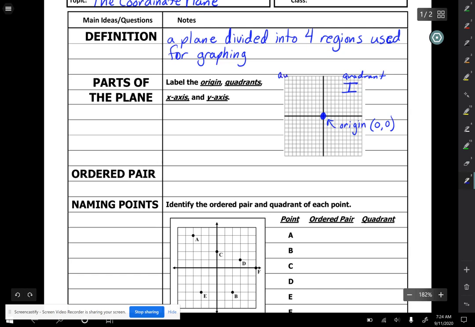And then we move to quadrant 2. You go counterclockwise. And they're represented by Roman numerals. And then last we have quadrant 4.